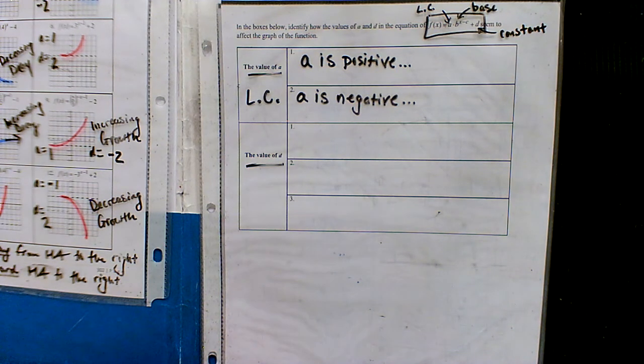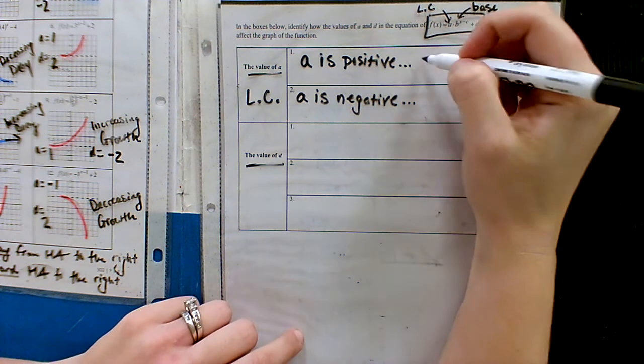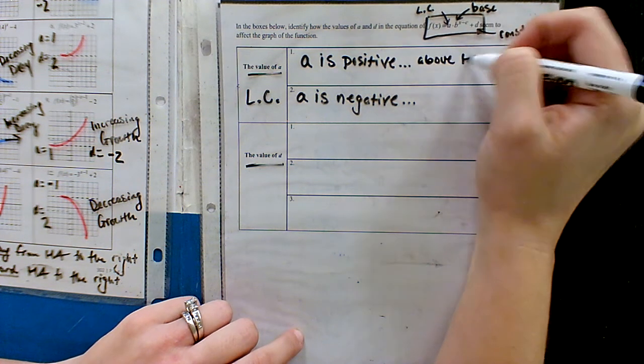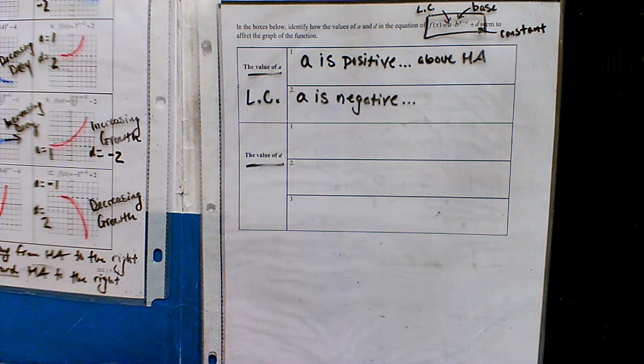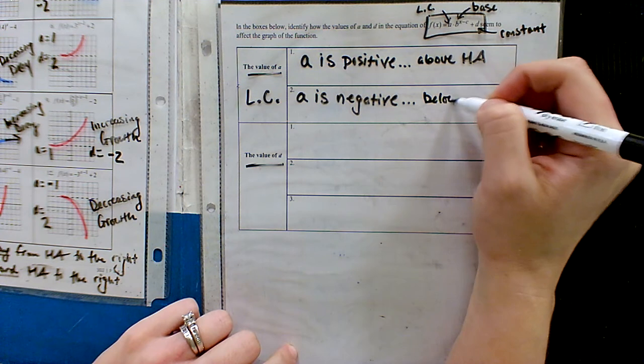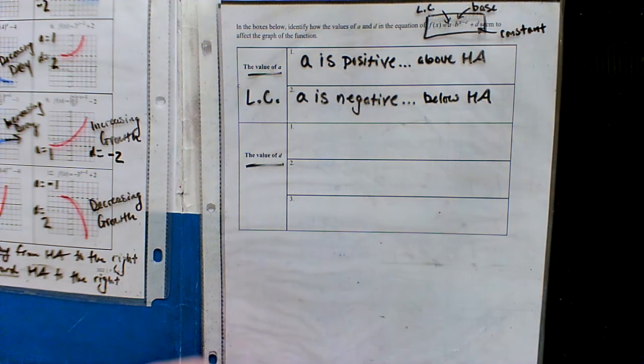All right, so for numbers 1 through 7, A was positive, and we said the graph was above the horizontal asymptote. The moment we got to 8, though, which had a negative A value, the graph was below the horizontal asymptote.